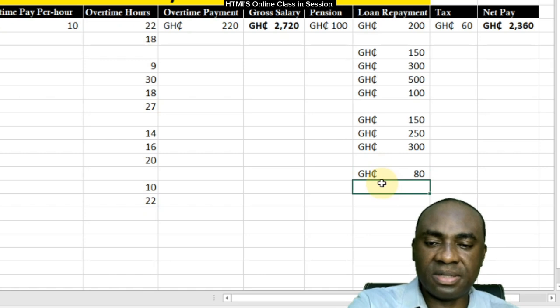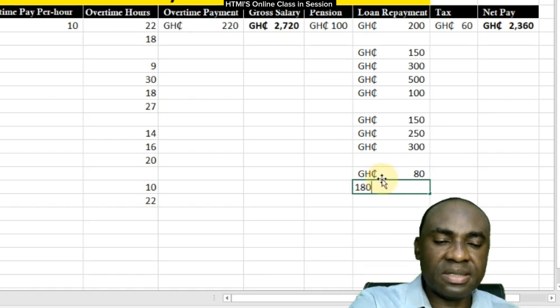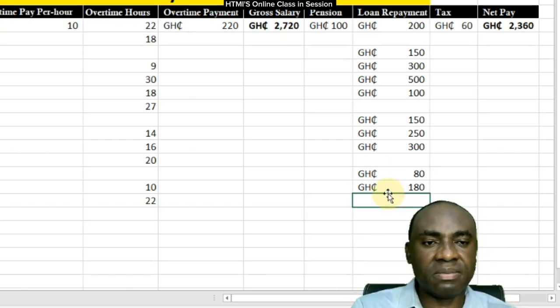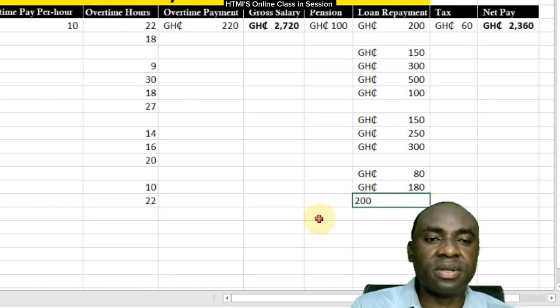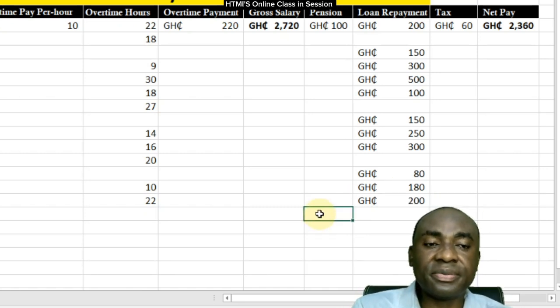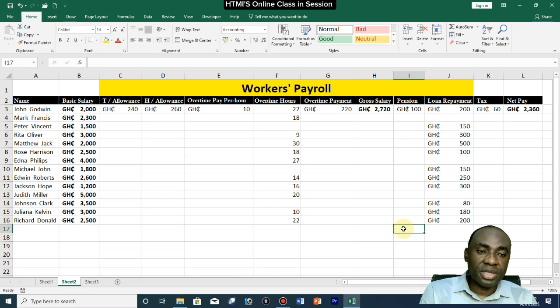The loan repayment is 180 cedis. The last worker, let's say 200 cedis. This is all we need. Sorry if the figures are getting close to where my head is, but okay.